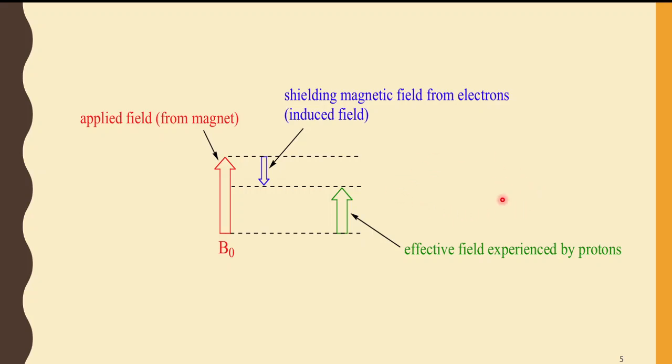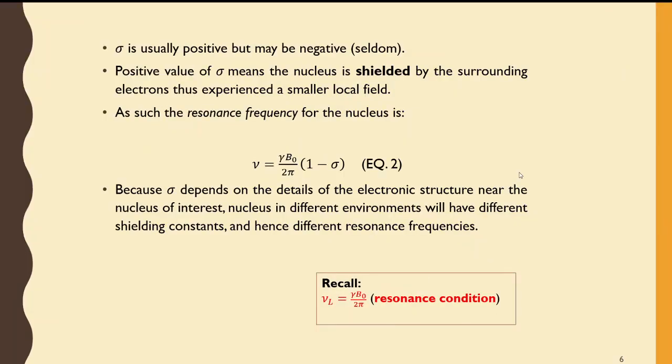If every atom experienced the same effective field, it would be a useless tool. But fortunately that's not the case. That's why this is really a powerful tool to elucidate your molecular structure. All right, so that's that. This is again extra.